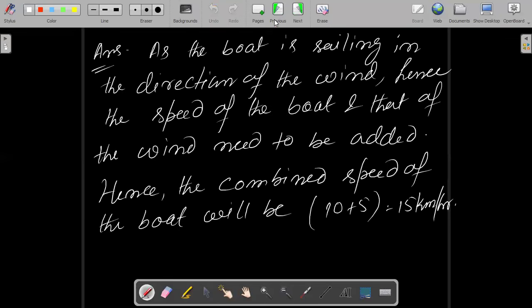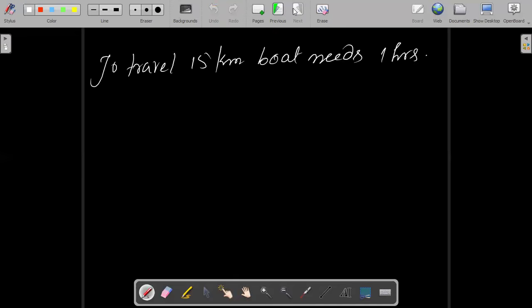Because speed means kilometer per hour. In 1 hour, how much distance you can travel? That is called a speed. So the combined speed is 15 kilometers per hour. To travel 15 kilometers, the boat needs 1 hour or 60 minutes. It's better to write 60 minutes.